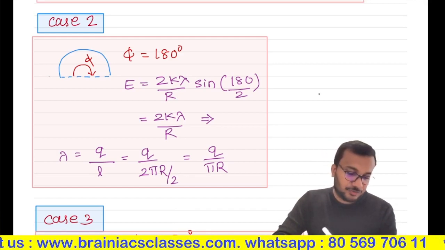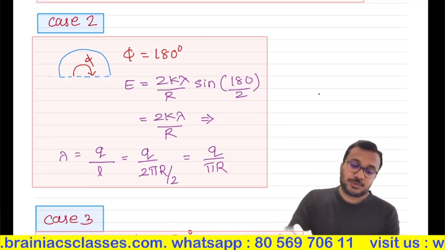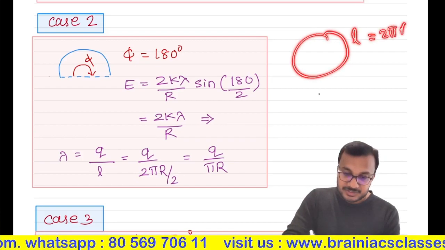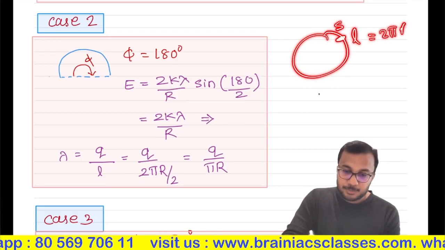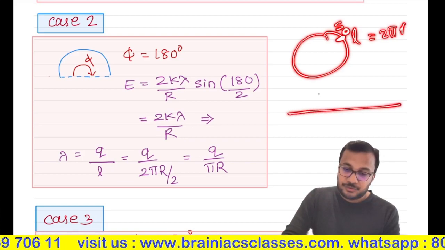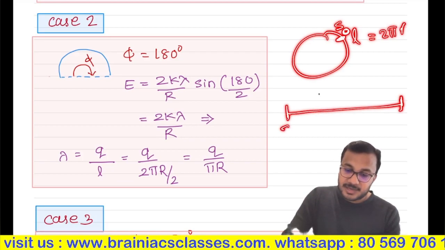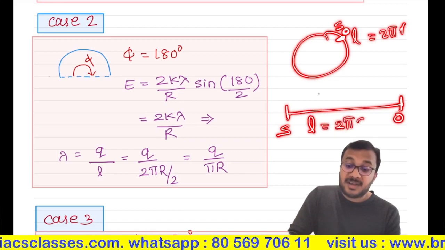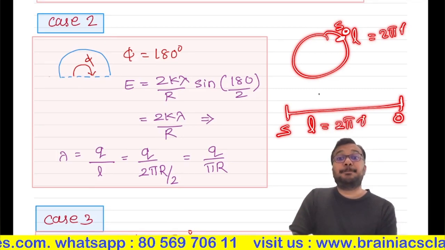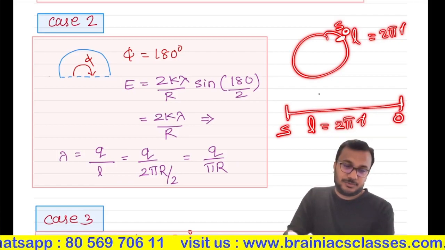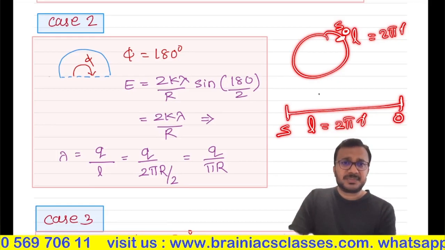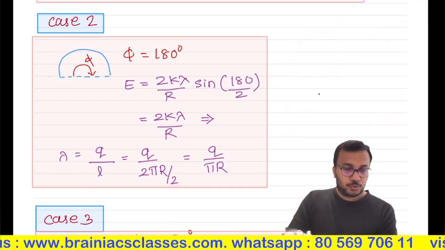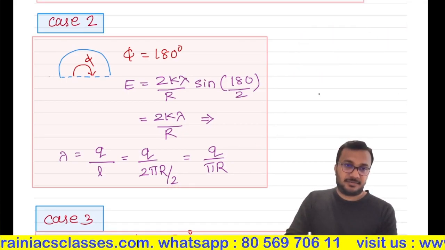Q by L. So we have to find L. L means a full circle, and a full circle length means 2 pi r, the perimeter of the circle in mathematics. Same way we are using it here. So Q by 2 pi r by 2, the 2s cancel, and we have Q by pi r.